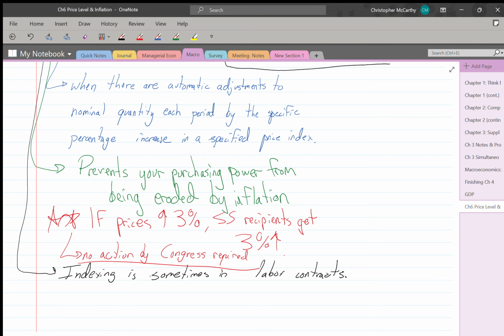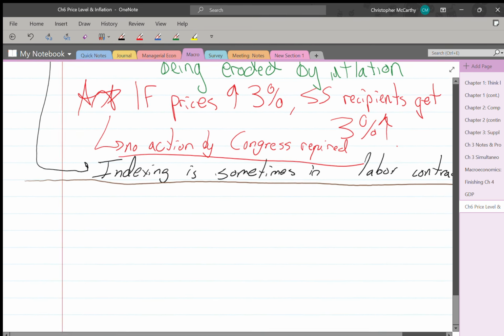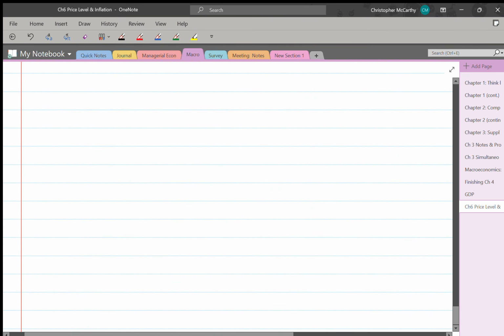So something that does need action by Congress, and something that isn't indexed and can end up having some bad side effects, is the minimum wage. So controversial.